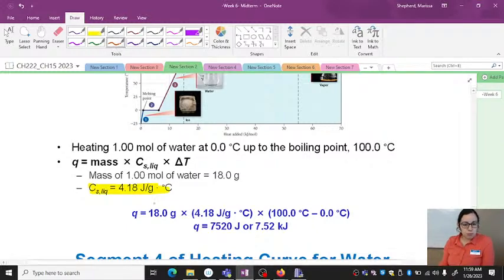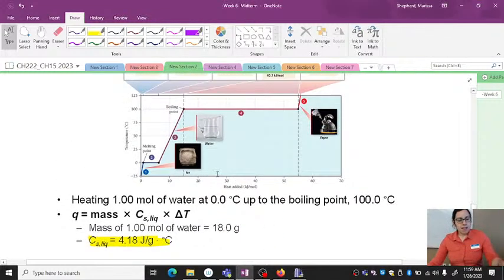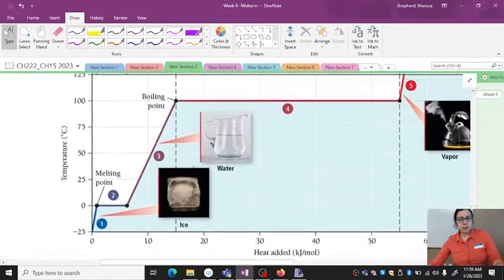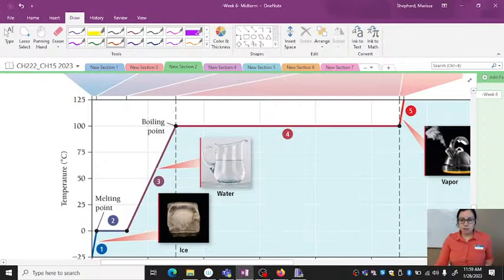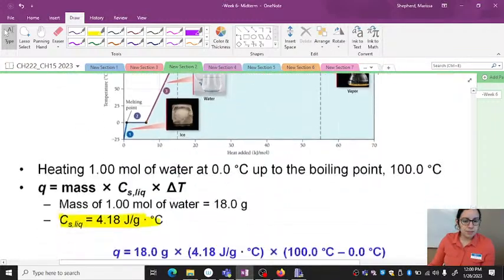Now we'll plug it in, based off of our units of specific heat. We have grams, so convert moles to grams, our specific heat times our change in temperature. We take it all the way up to 100, because we ultimately want to go to 125, but we have to stop at 100 to do our vaporization. So we need to take it from 0 to 100 and figure out how much energy that takes to heat.